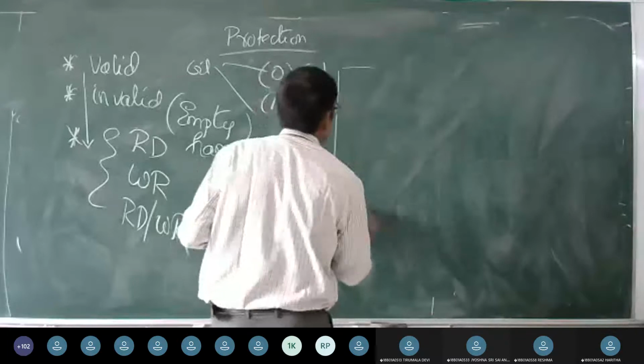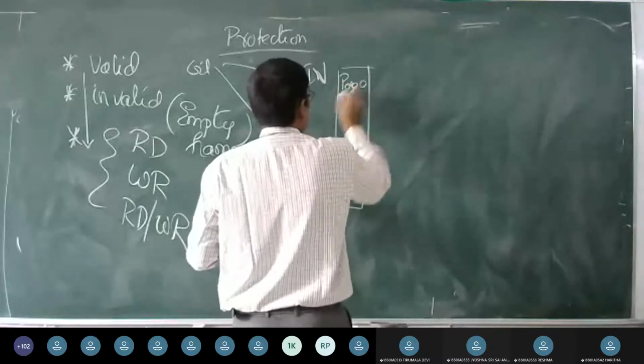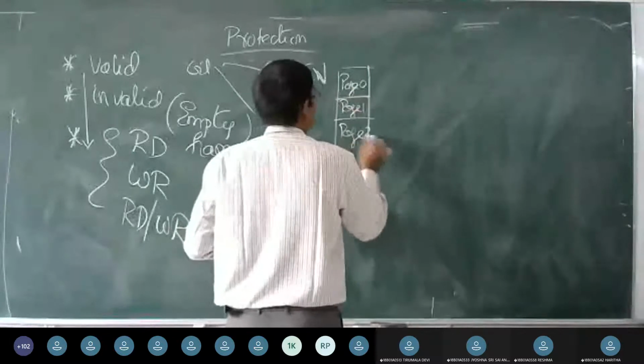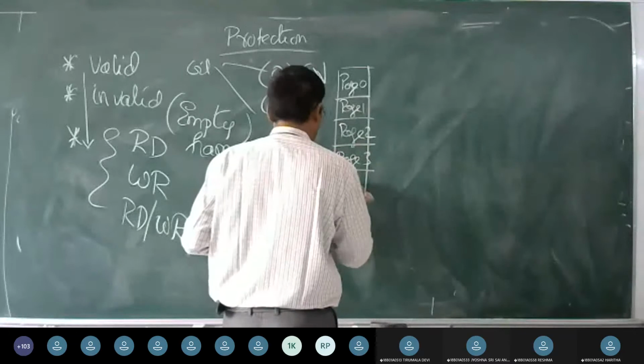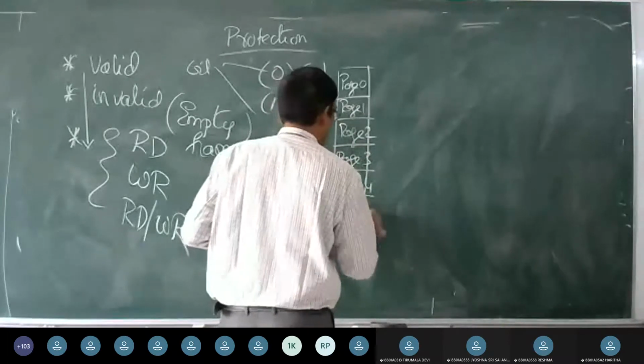So I have page 0, page 1, page 2, 3, 4, and page 5.